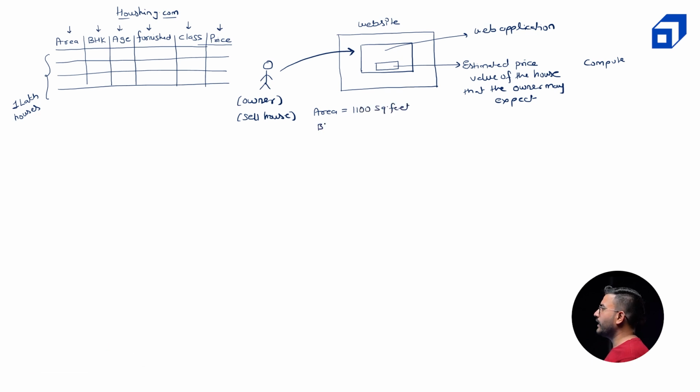Then BHK is 3 BHK. Age of the house is, let's say, 5 years. Furnishing status is yes. Area class is, let's say, first class. Then when the owner provides this input, the web application should be capable of generating the estimated price.